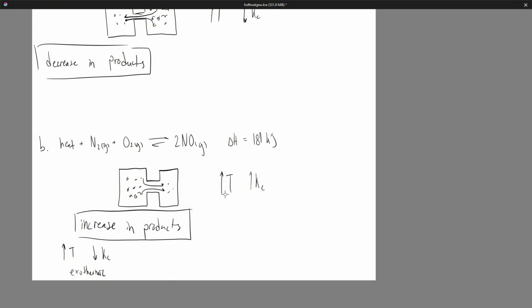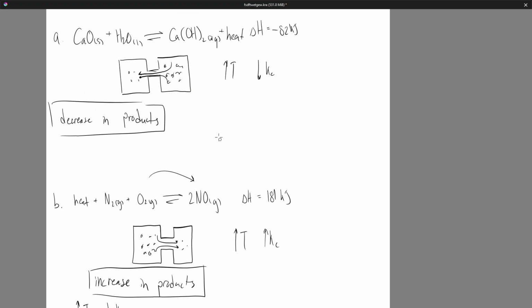And that makes sense because the higher the temperature, the more products we're going to have, which means the more favored the products will be, which is why the Kc is increasing. The higher the Kc, the more favored the products are, basically.